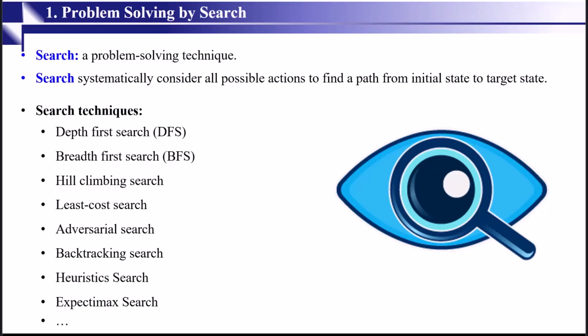For example, we want to find the path from an initial state to a goal state. So search in AI is used to solve problems where the solution involves a series of steps or decisions that we want to take. So there are many even sub-branches in here.